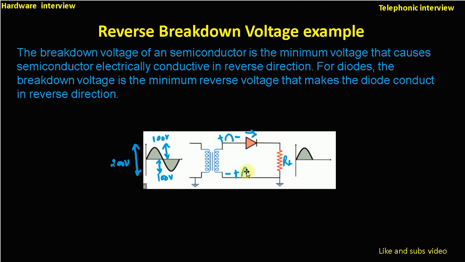So what we do is keep the reverse voltage rating of this diode more than twice or thrice of this negative cycle. Mostly it is kept at twice the half cycle.